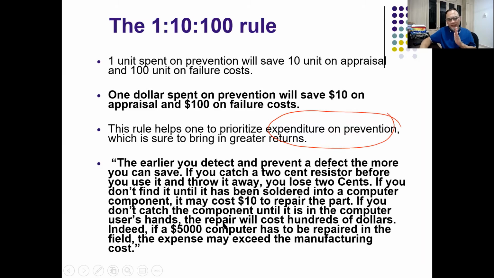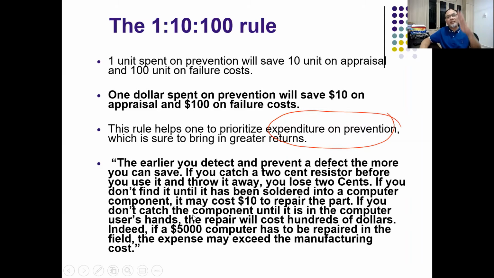That's why I said that if you can detect early, if you catch a 2-cent resistor before you use it and throw it away, you lose 2 cents. If you find it has been soldered into a computer component, it will cost you $10 to repair the part. If you don't catch the component until it's in the computer user's hand, the customer, the repair will cost $100. Indeed, if a $5,000 computer has to be repaired in the field, the expense may exceed the manufacturing cost.